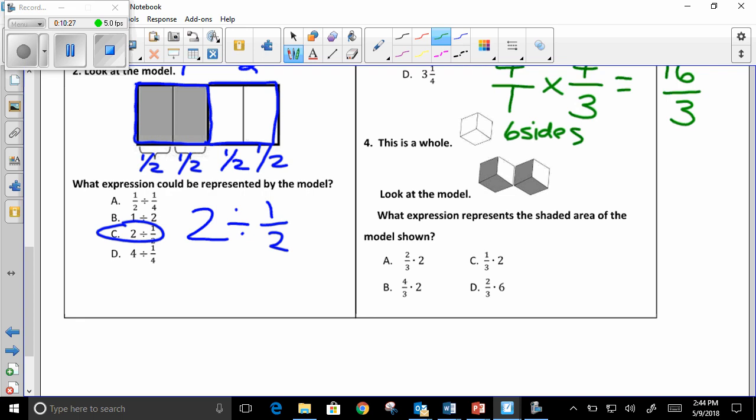So how many sides do we see that are shaded on 1? 2 out of 6 are shaded. It looks like 2/6, which is equal to 1/3. So 1/3 of the die is shaded. 1/3 times 2 of them would be C.